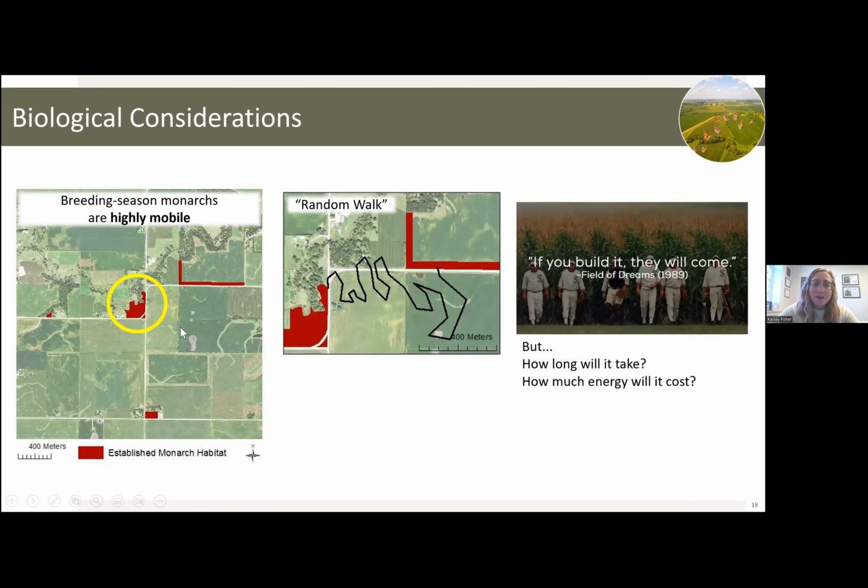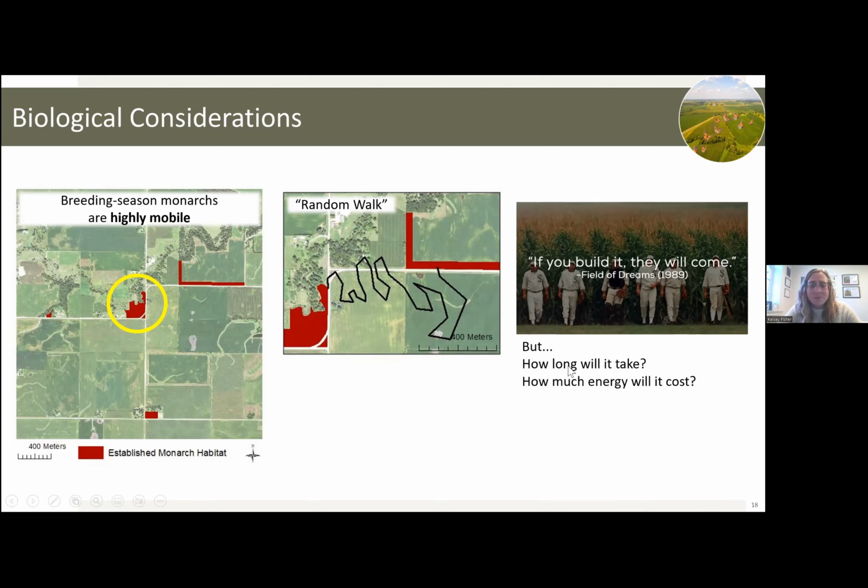So what's going to happen is the butterfly is going to leave your property that's circled, and it's going to undergo most likely what's called a random walk, meaning that the butterfly is just going to kind of go in any random direction until it picks up some type of cue that there's other milkweed and nectar resources in the landscape.